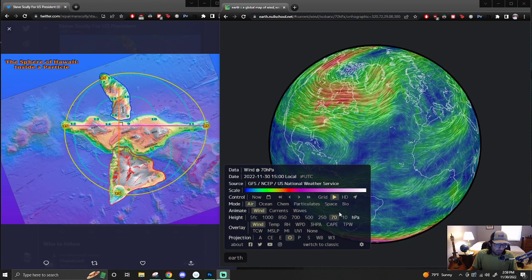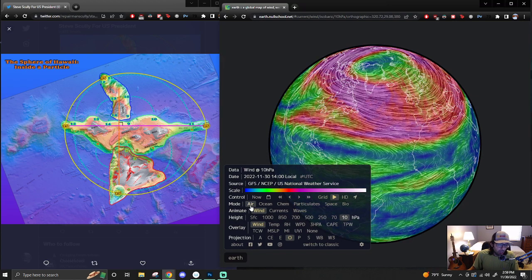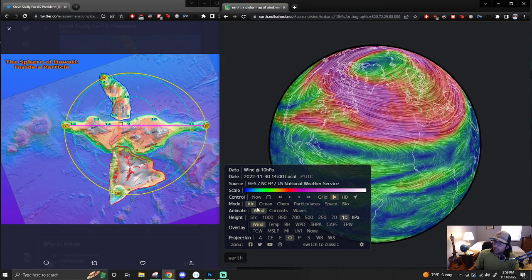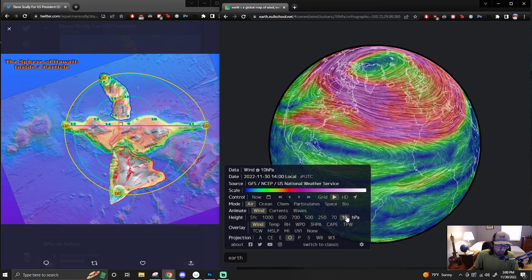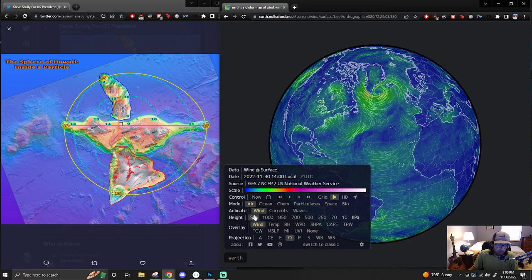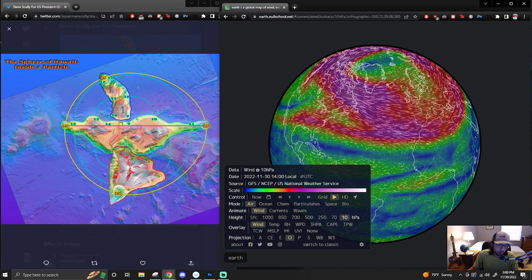Okay. So right now we're looking at air, wind, and different heights. So this is really high up, surface winds, but then high up.